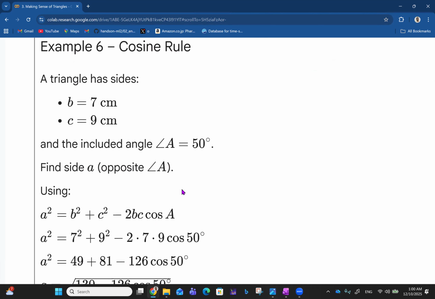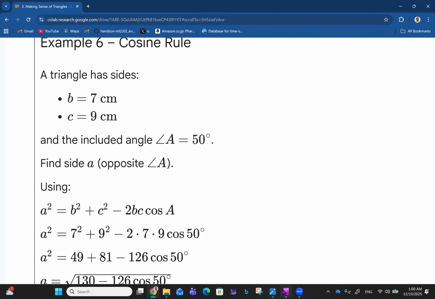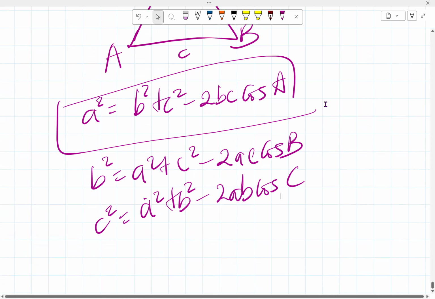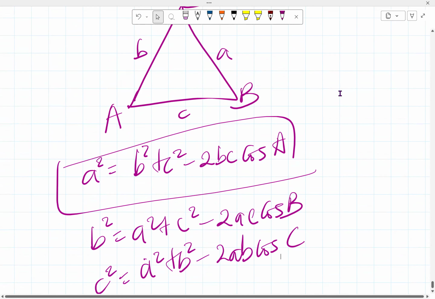So in this case, we have the sides b and c. I can even use the same one I've been using.